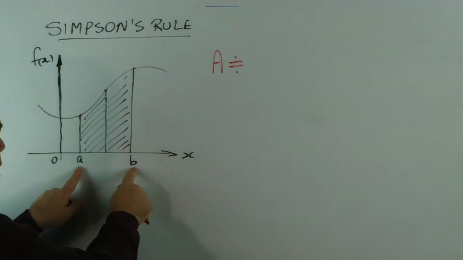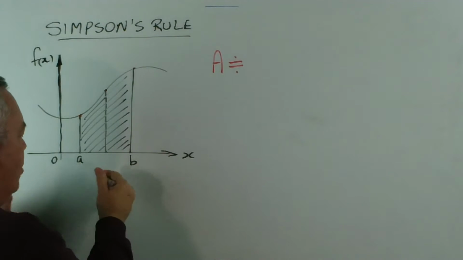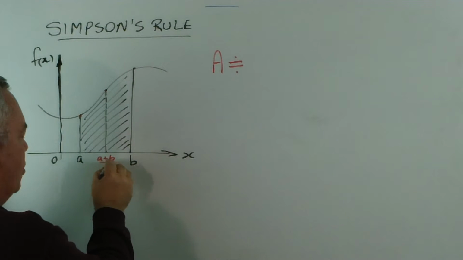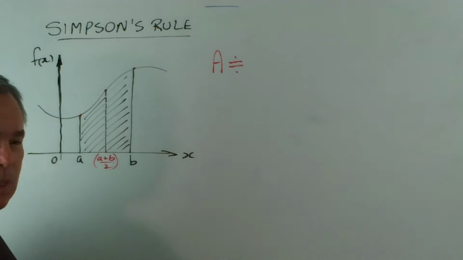now if this point is A and this is B, the point halfway between them is going to be (A plus B) on 2, that is the average or the midpoint.